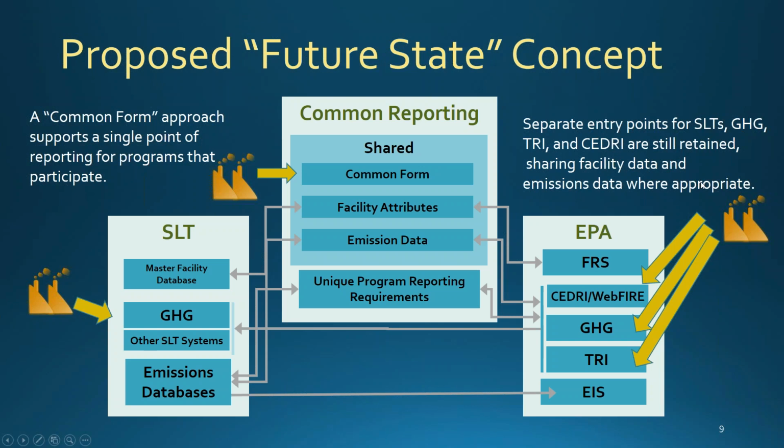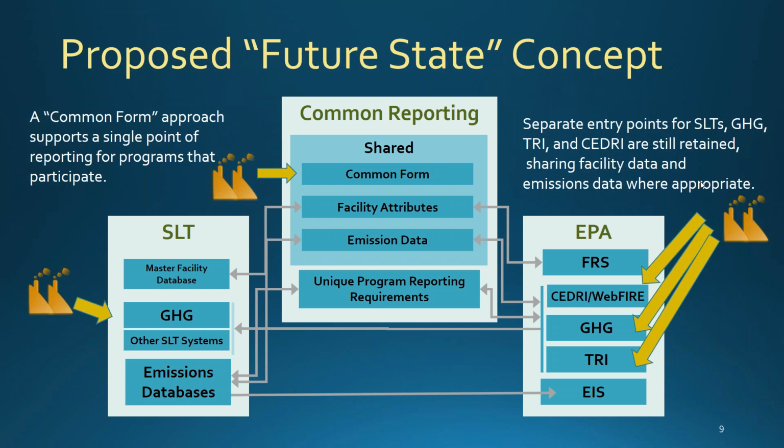And right now, CARE is focused on the emissions data, like I mentioned. So if you look at that middle diagram, the common form, the emissions data components, the facility attributes, like I said, is being looked at by another program, possibly with the Federal Registry System of Facility Data, which you can see would be another service application to populate the form.